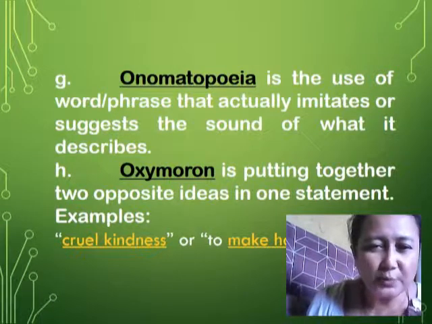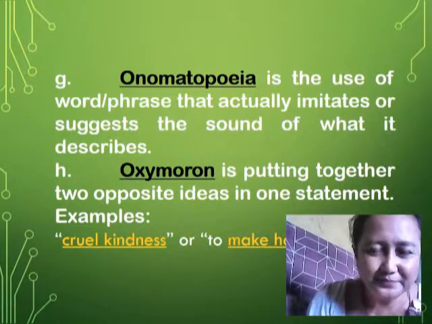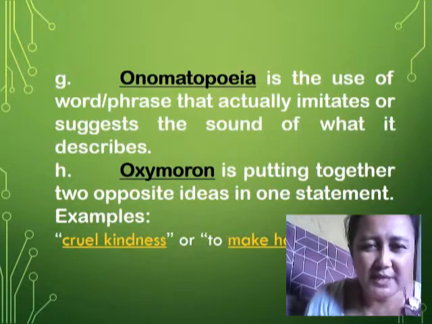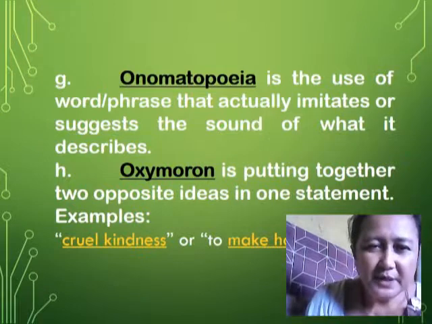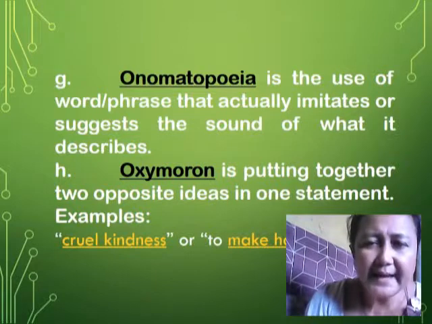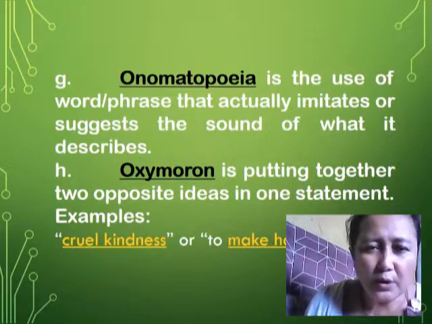The sound of the words is onomatopoeia. And then the oxymoron is putting together two opposite ideas in one statement. An example of oxymoron is cruel kindness. It is two opposing words.